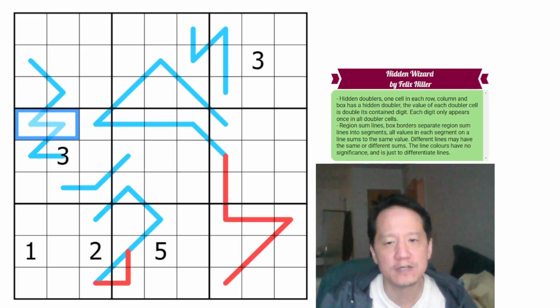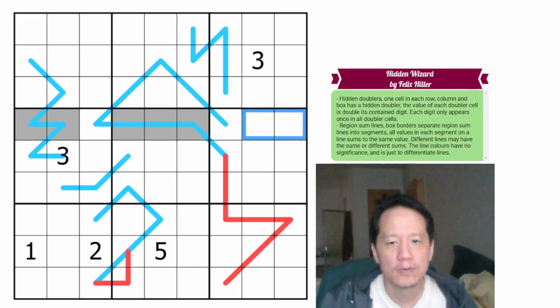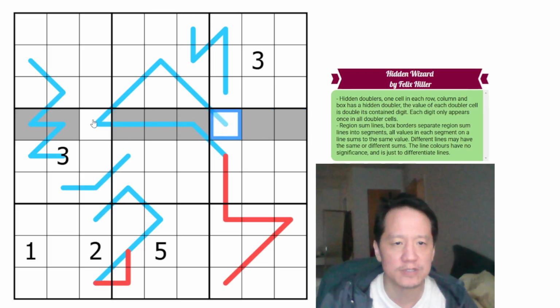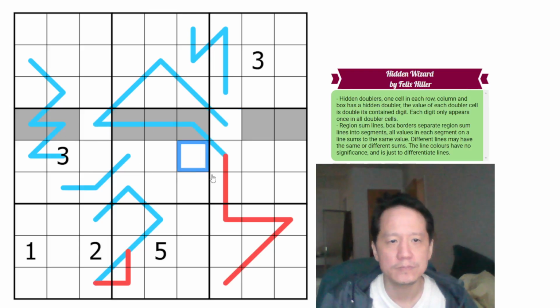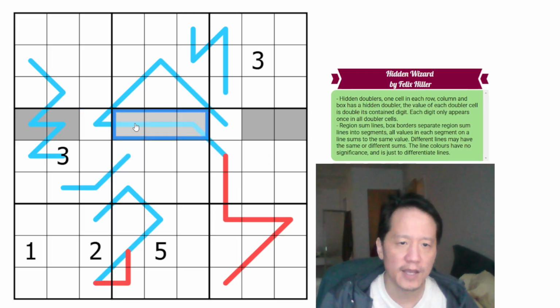So the rest of the row cannot be a doubler, right? Because one of these two has to be a doubler because they must add up to the same value. Well, since they add up to the same value, that means it's doubled of 1, 2, 3, or 4, obviously. And it's three digits, though. So the value must be 6 or 8.